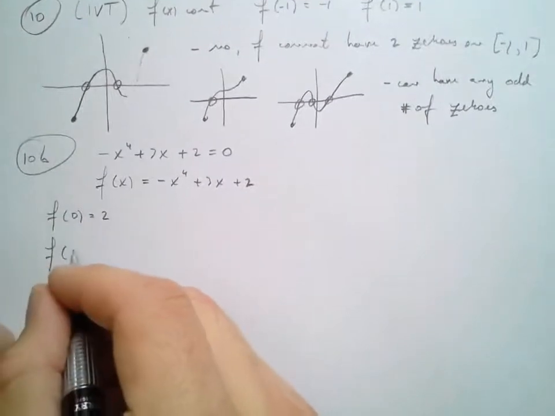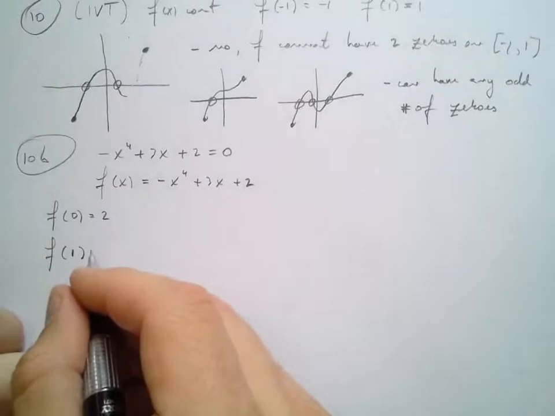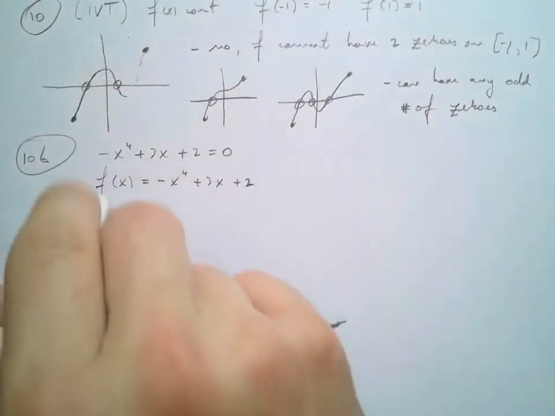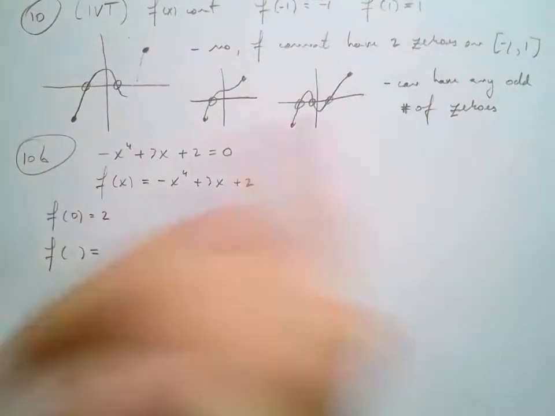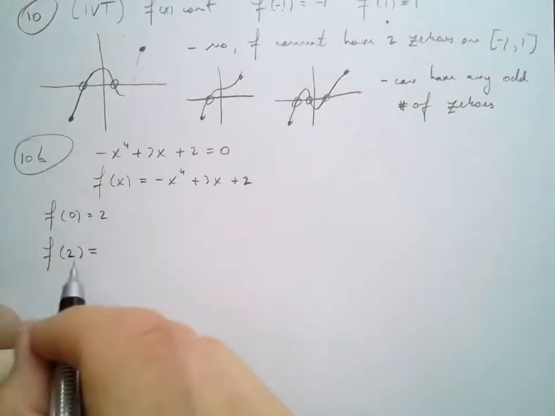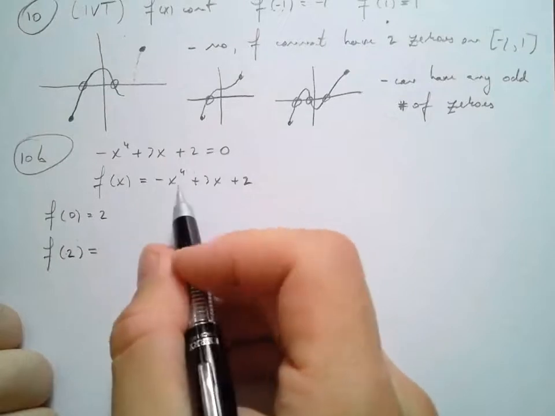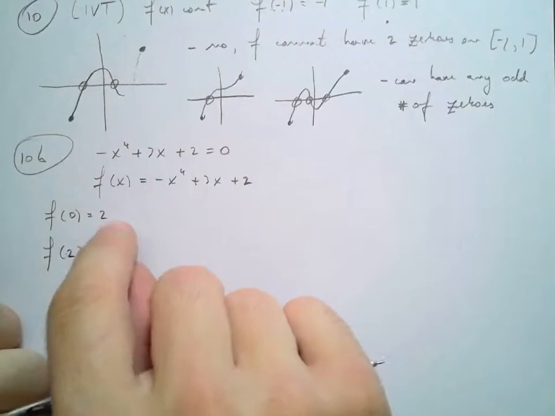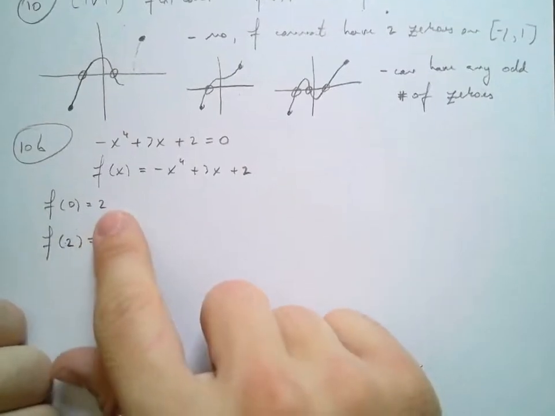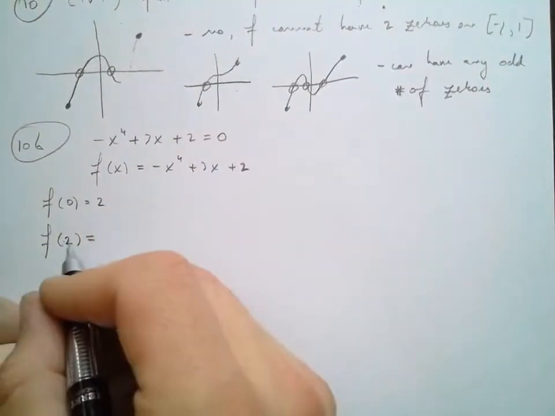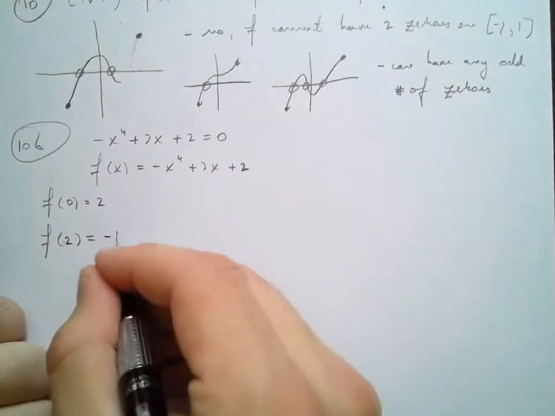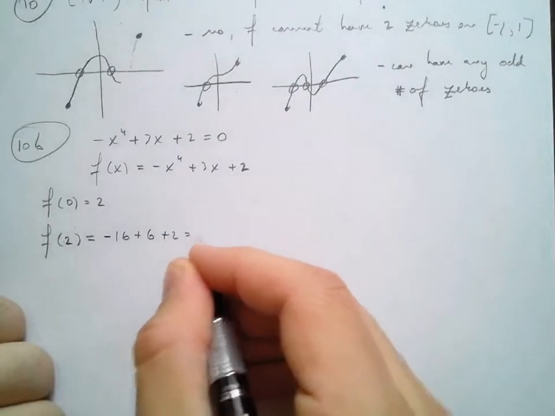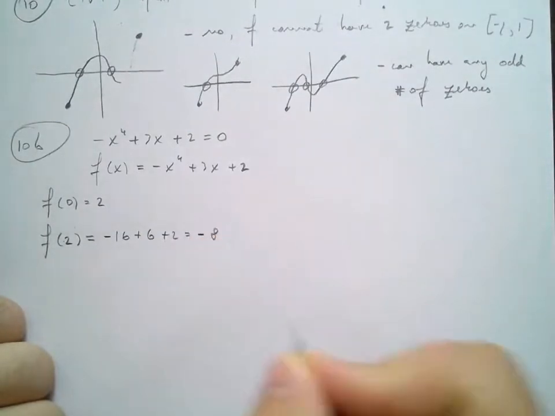F of 1 is going to be, well, let's see, that's not quite enough. I need maybe to do f of 2 here. So let's take a look at f of 2, because I want to go more negative to cancel these positive terms and dip below 0, have a different sign for my answer than this positive 2 here. So when I plug in 2 into f, I get minus 16 plus 6 plus 2, so that equals negative 8.